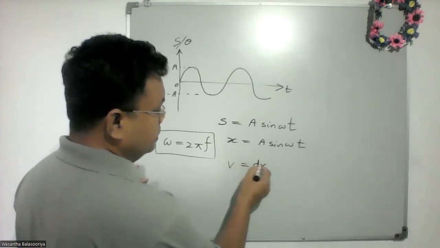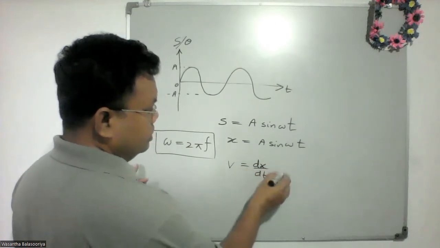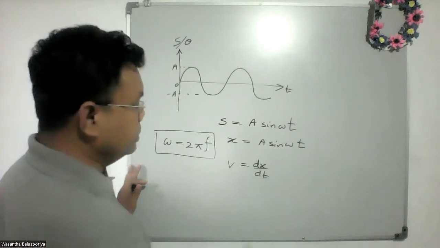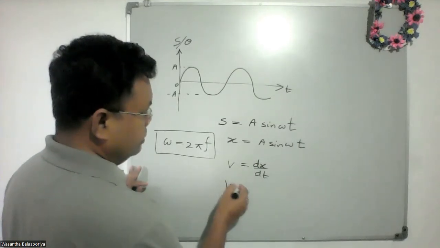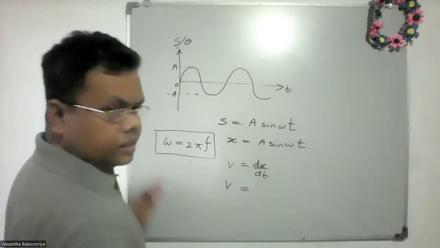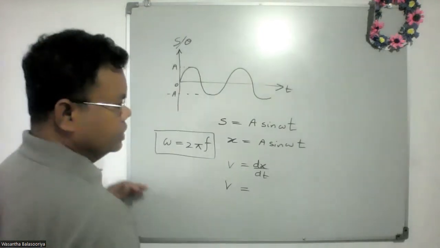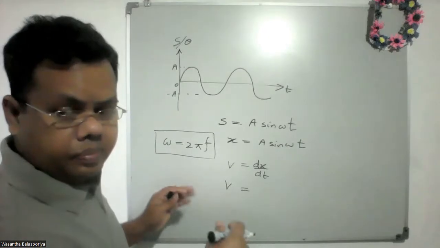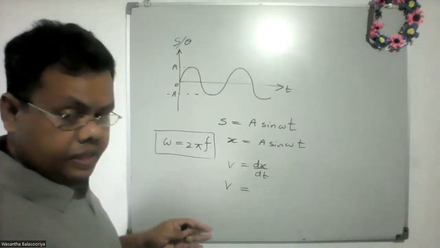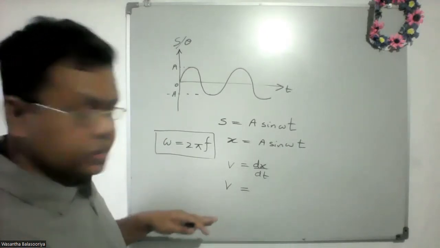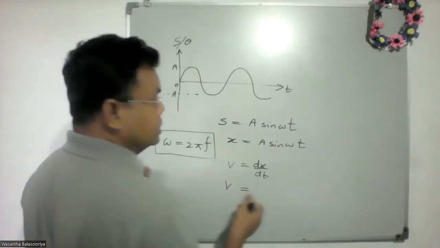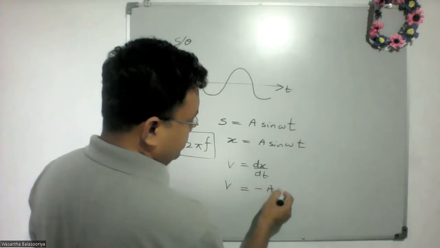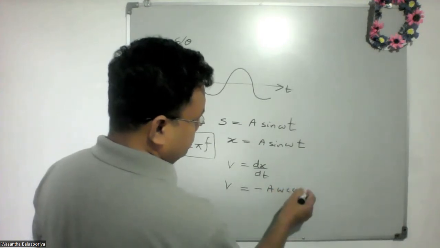Therefore, we can write velocity, mathematically we can derive this. You need not know the derivation method at A level course. We can directly use this expression as A omega cos omega t.